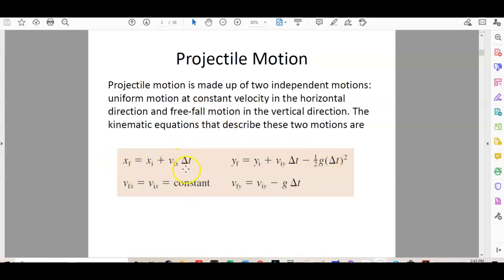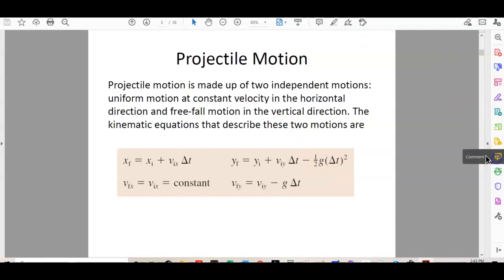So in the x direction, you're going to have a constant velocity. There's no drag force slowing down the projectile in the x direction, or in the y direction for that matter. Things are going to be falling at free fall, which means gravity.